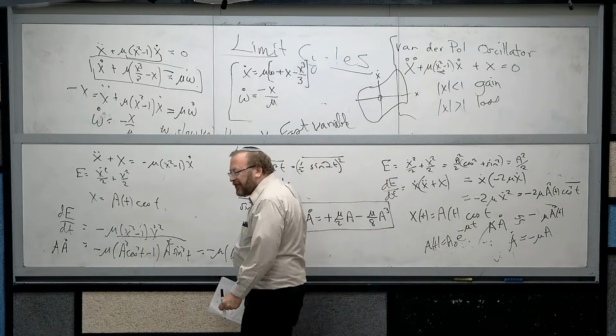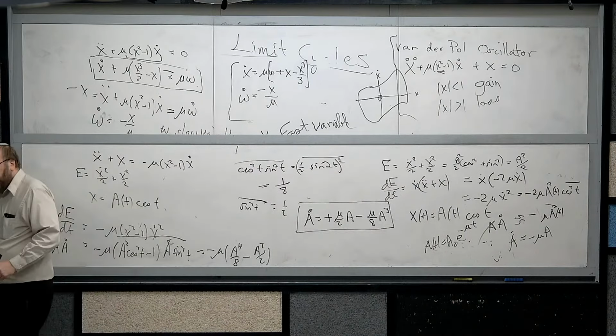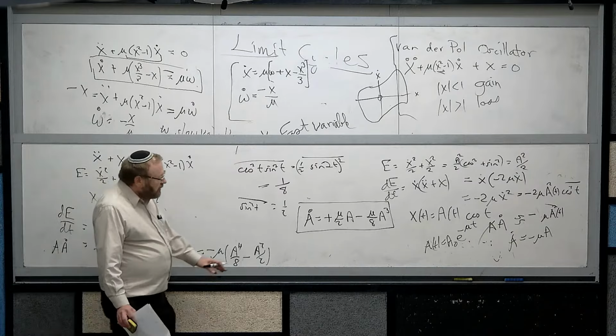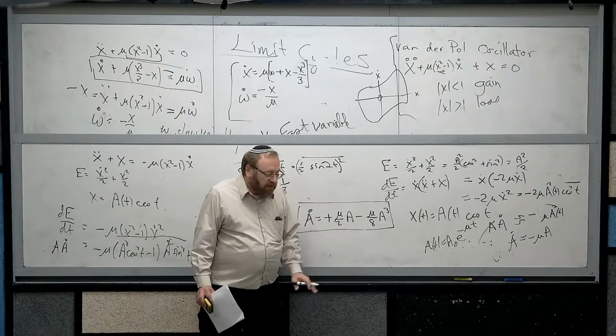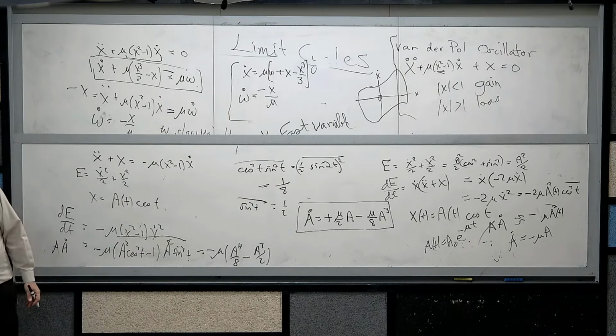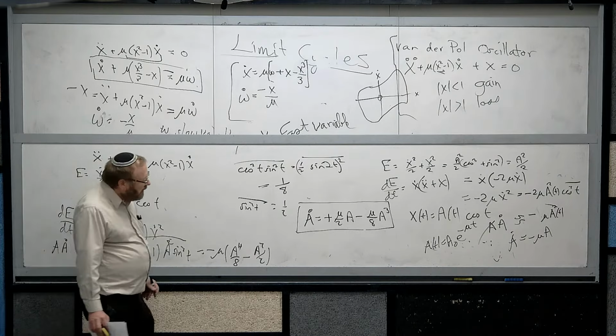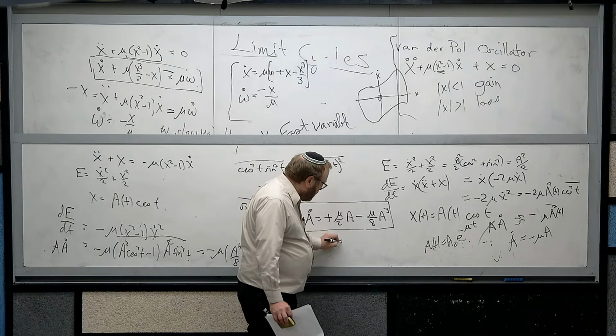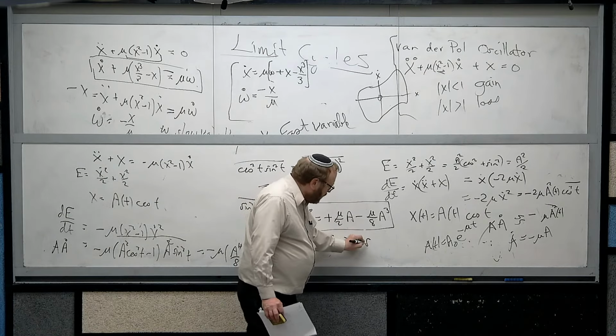So you see that A is changing very slowly. A dot is proportional to mu, right? And this equation has fixed points. Where are the fixed points? There's one at 0, which is unstable, and it has a fixed point where a squared equals 4, or a equals 2. And that's a stable fixed point.